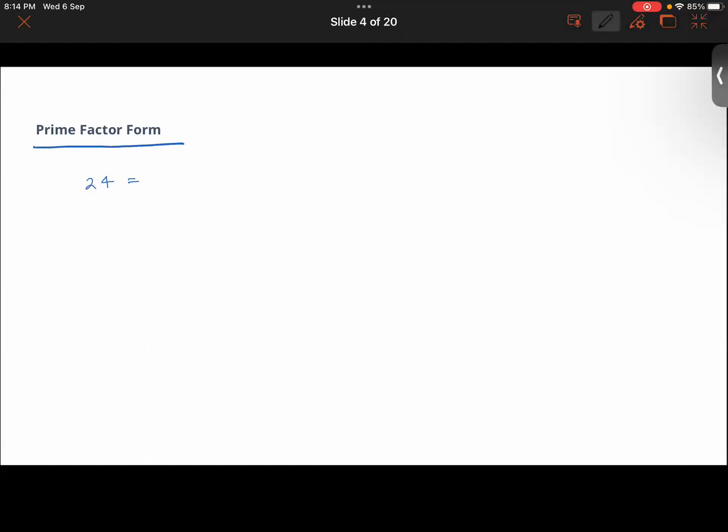You can repeat the prime factors also. So 2 multiplied by 2 multiplied by 2 multiplied by 3. So the prime factor form of 24 is 2 into 2 into 2 into 3. Here you are using prime numbers only.